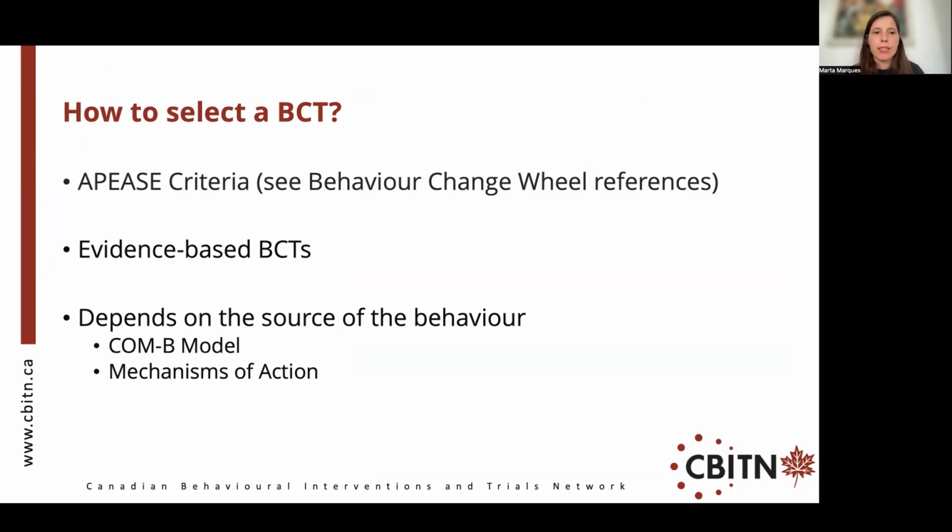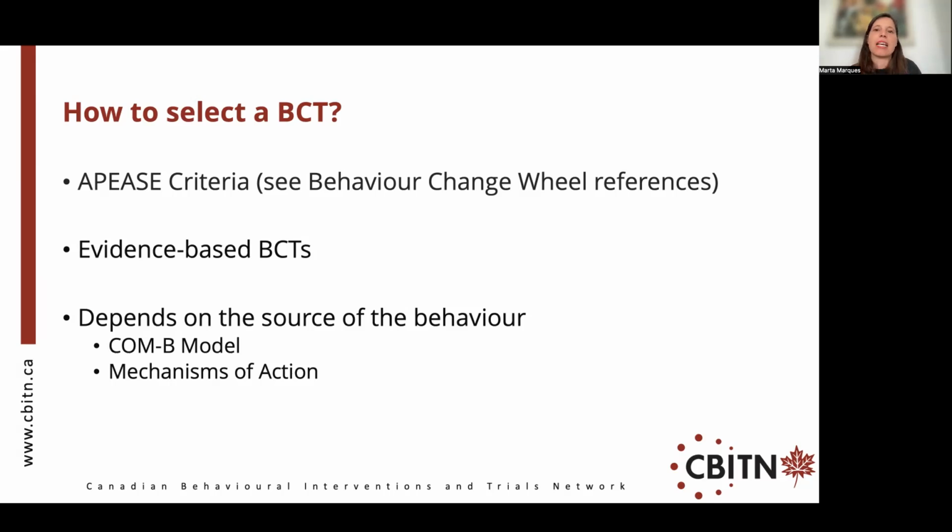There are different ways. On the one hand, you can use a criteria that was developed as part of the behavior change wheel, which you can have a look at in the references. I have no time to go into that, but it's called the APEASE criteria, that looks at how affordable, how practical, how easy it is, what are the side effects, etc., of each of the techniques and interventions.